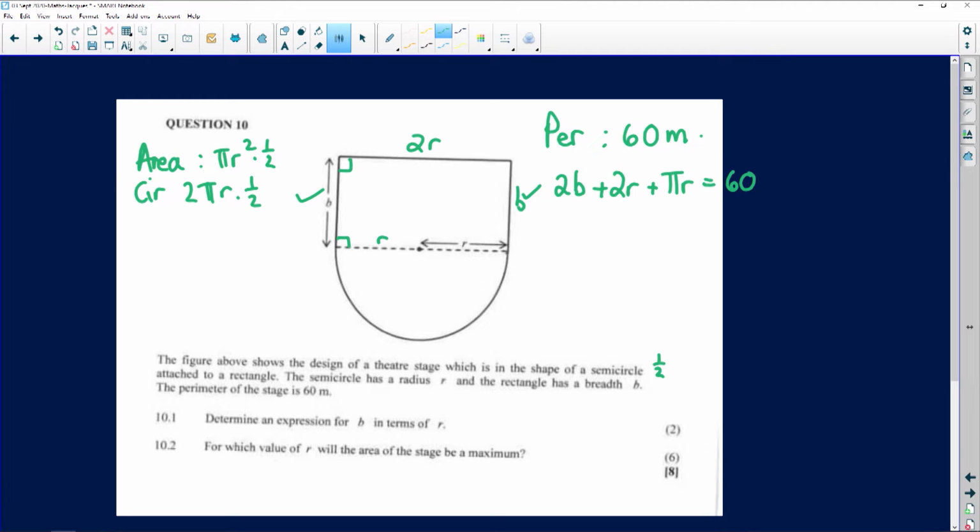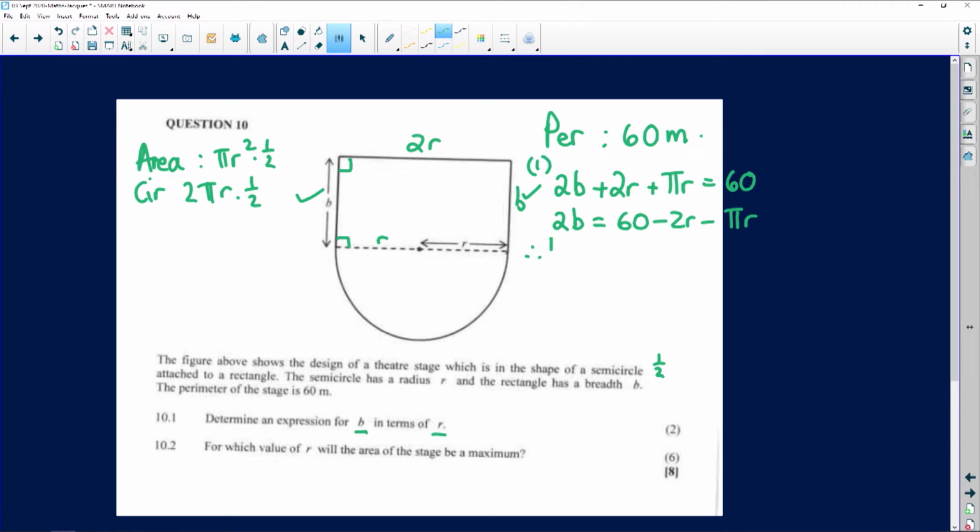Okay, so we can play around with it. Let's see what they ask us to do. They say find B in terms of R. Okay, we're already busy with that. So we're busy answering the first part for 2 marks. If I get B by itself, I get 2B is equal to 60 minus 2R minus pi r, and then I divide by 2.